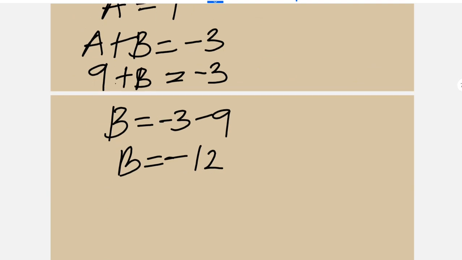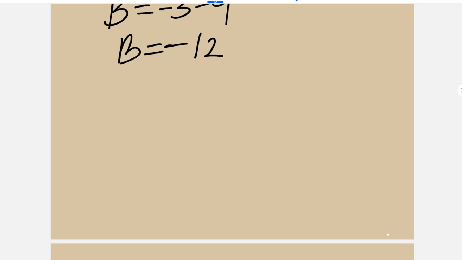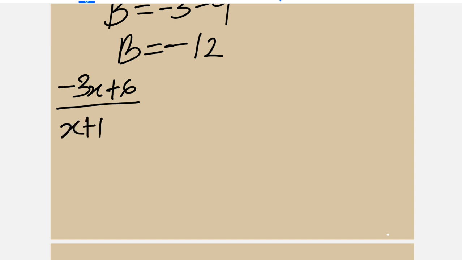So now let's write the equation back again in a proper way. Recall that we started from minus 3x plus 6 over x plus 1 onto x plus 2.